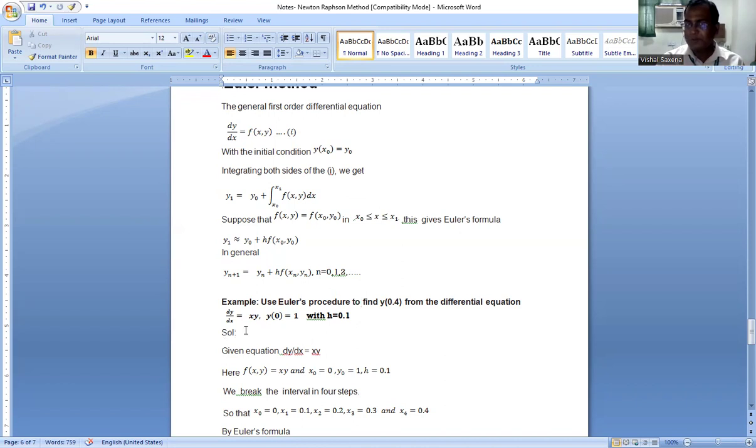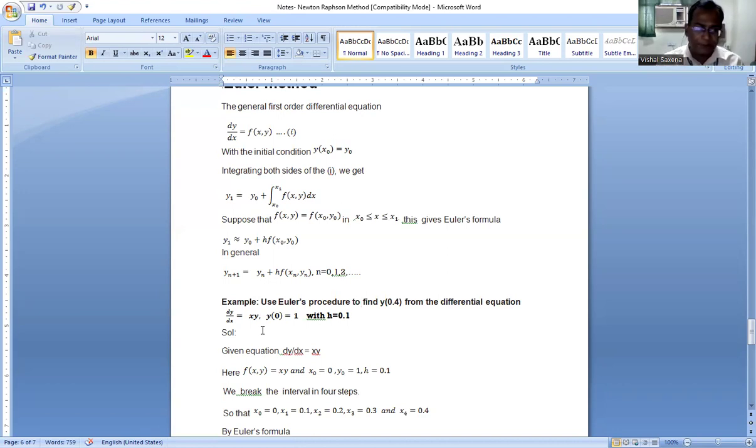First of all, we have to see what our function f(x, y) is. The function f(x, y) is always equal to the derivative term dy by dx. Therefore, here the function f(x, y) is given by xy. In different problems the function f(x, y) may be different, but the procedure always remains the same.